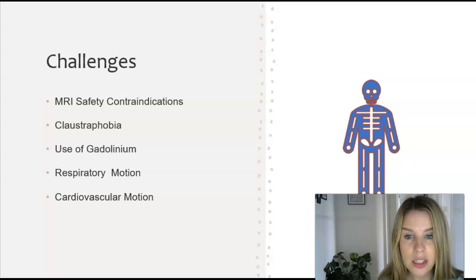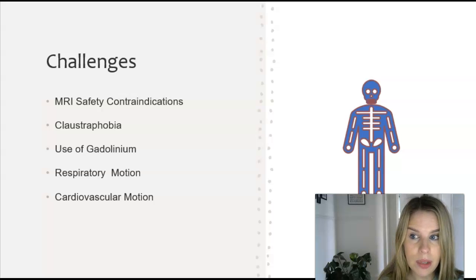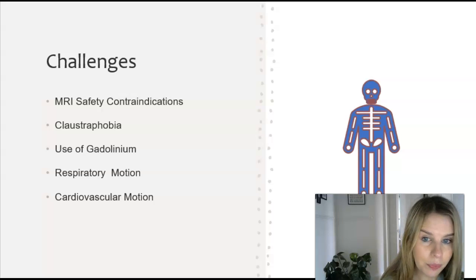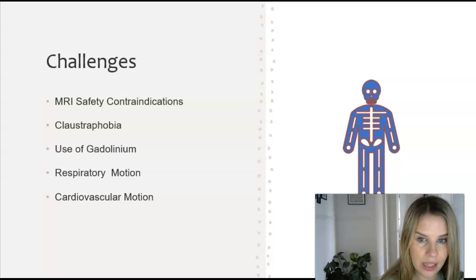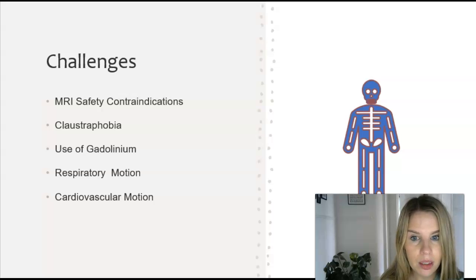So there have been studies that show that gadolinium is still deposited in your brain, or can be many years later. So the use of gadolinium, although vastly safe for the majority of people, for those people who have got severe kidney problems, it can definitely be an issue, and that's why we make sure that we check patients' glomerular filtration rate.